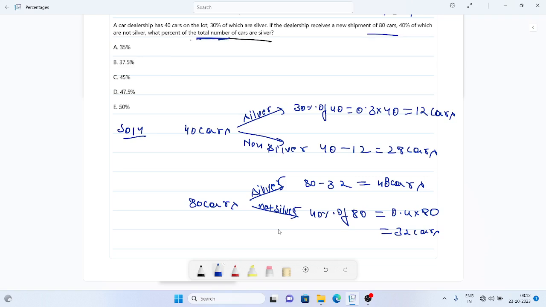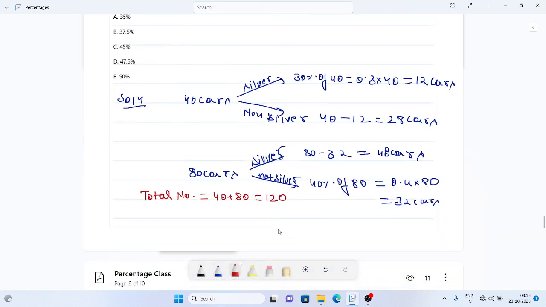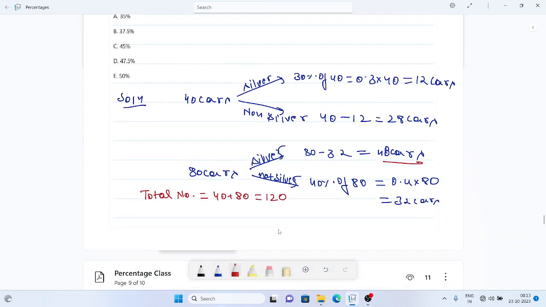Now what did he ask? What percentage of the total number of cars? First we have to calculate the denominator. So the total number of cars is 40 plus 80, 120 cars. And he asked about the silver cars. So silver cars are 12 plus 48, 60.